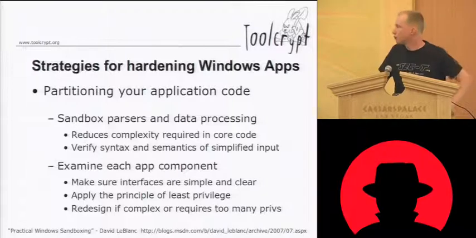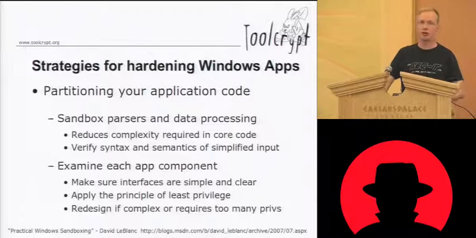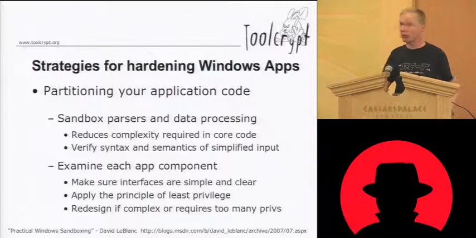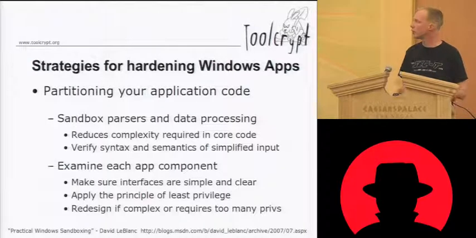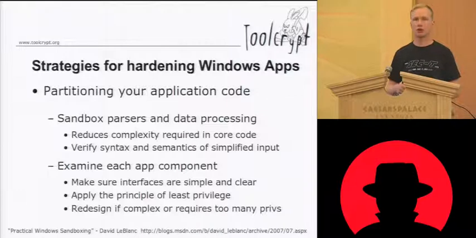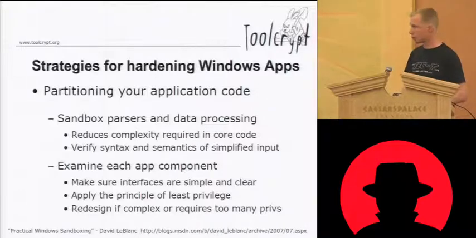Also, when you're looking at these components, these interfaces should be a part of your threat modeling if you haven't already done it. Make sure that they're simple, clear, and non-ambiguous, that you understand the inputs and outputs and how they relate to other components in the system. And apply the principle of least privilege.